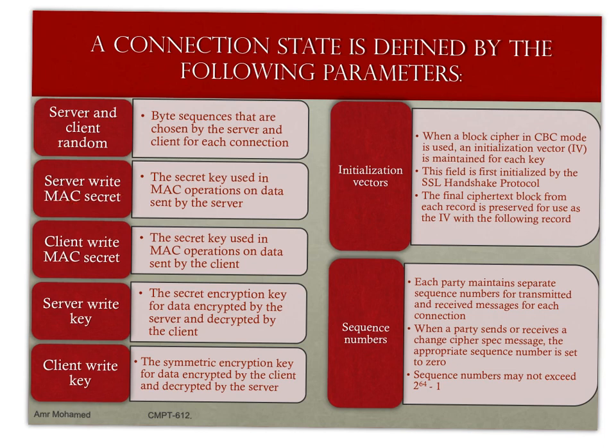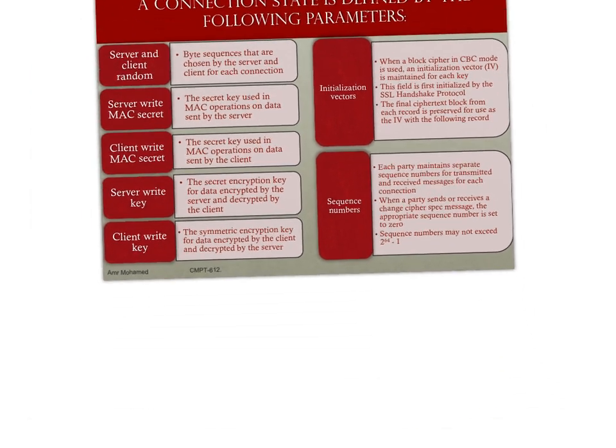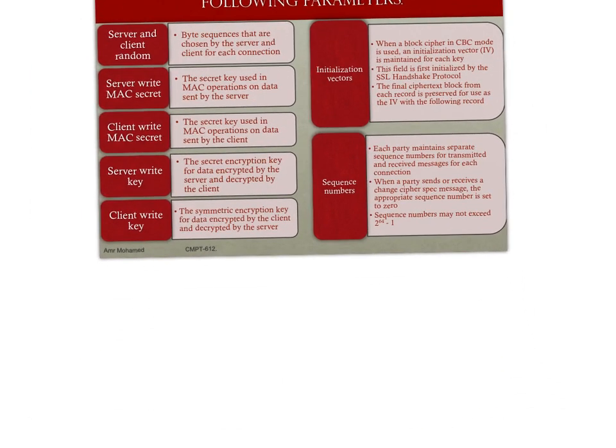Server write MAC secret, which means that when we say this is the client and this is the server, the server write key is the one the server uses. So there is the MAC and there is the server write key.